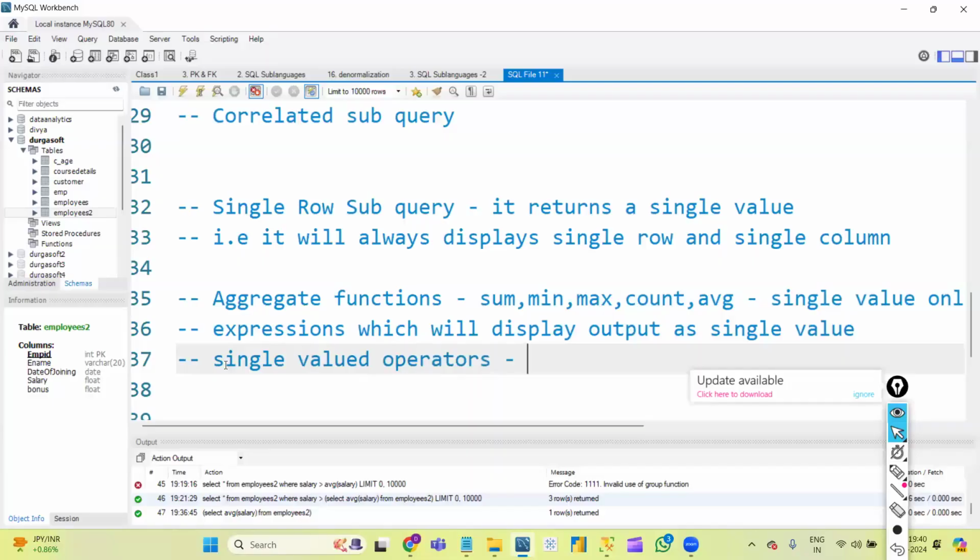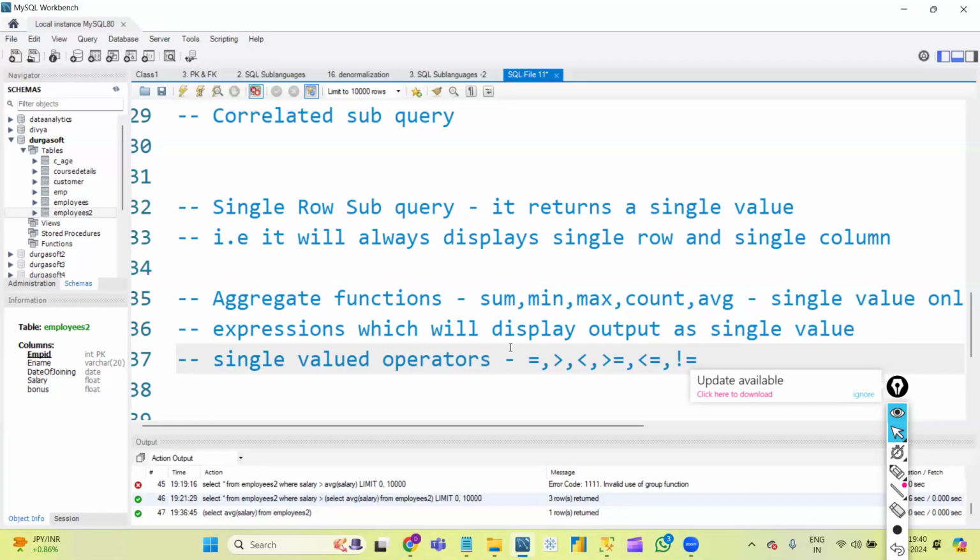Basically, there are some operators where, whenever we deal with them, we get the output as a single value only. Those operators are equals to, greater than, less than, greater than or equals to, less than or equals to, and not equals to. I will explain, just wait.